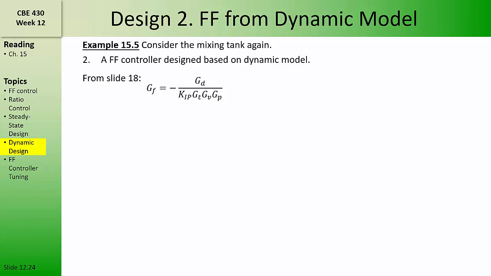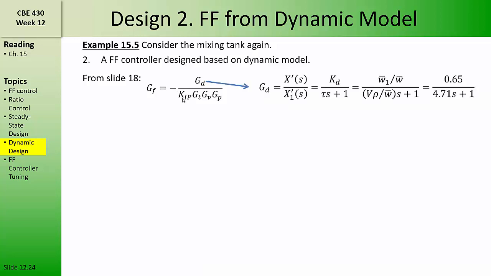Now let's design the dynamic feed-forward controller. From slide 18, we know that our ideal feed-forward controller should have a transfer function that's minus GD over KIP GT GV GP, where we know that our transducer in this case is just a gain.